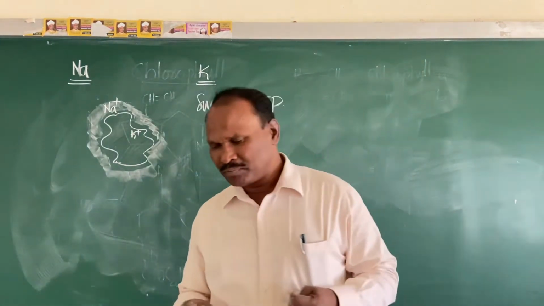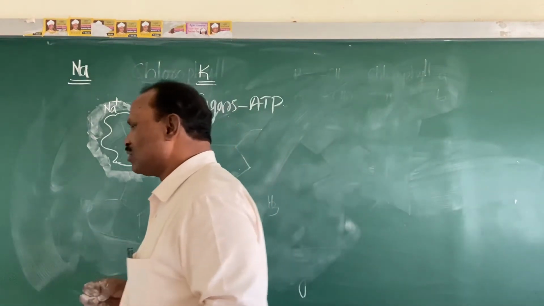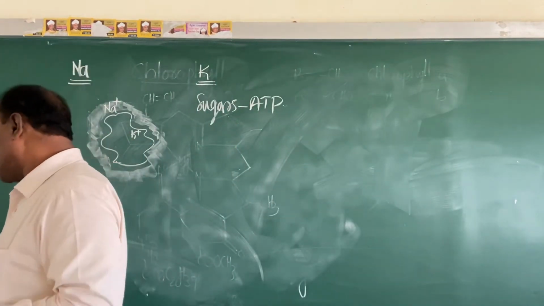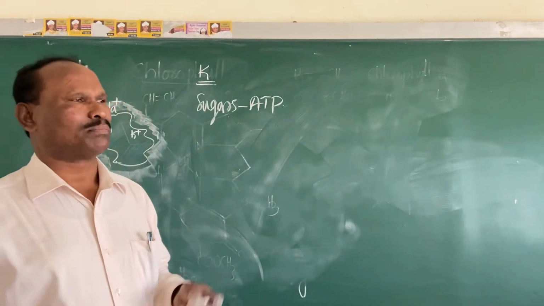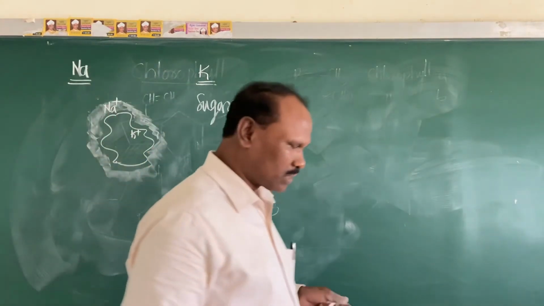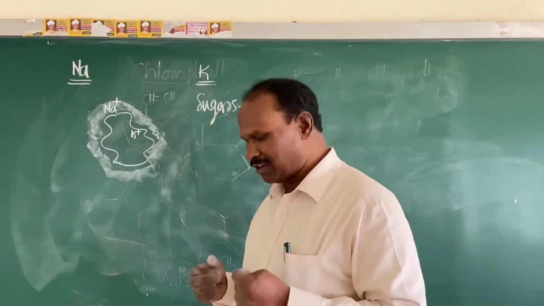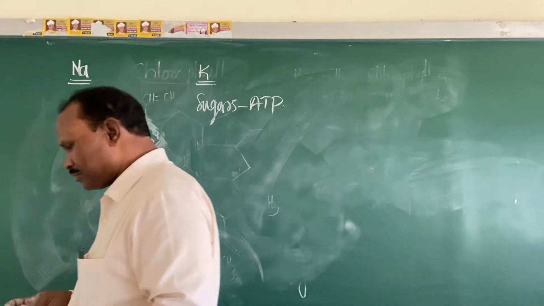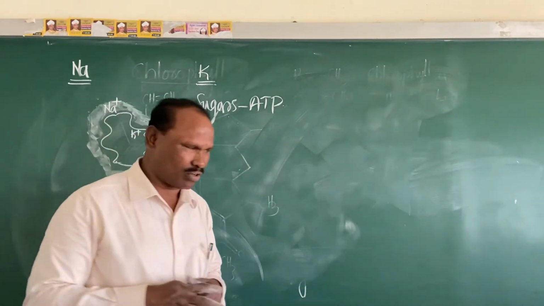So the main malfunction that is happening in our body is it reduces the heartbeat and also it paralyzes the muscles. It paralyzes the muscles. Therefore, the potassium is very important in our body. Then what we have to take to get this potassium into our body?